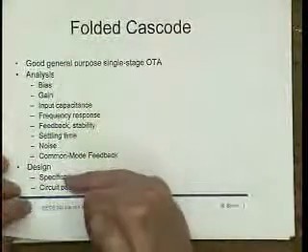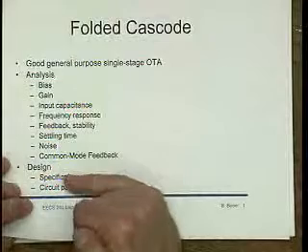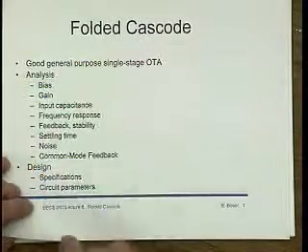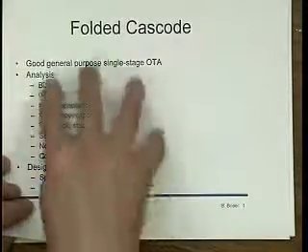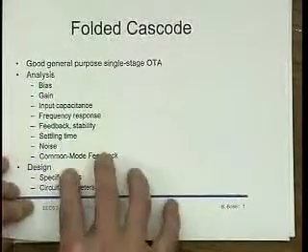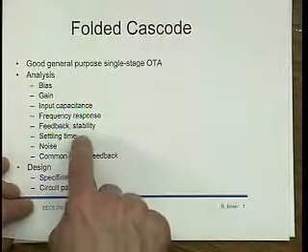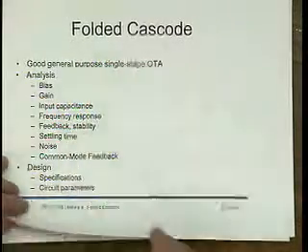I'm listing here a number of things that we are interested in when designing such an amplifier, and we'll get to these one by one, but it will take us a few weeks actually. So this is again a good summary. When you're lost, what are we doing? Well, when we are talking about settling time, it's because we want to know how amplifiers settle.